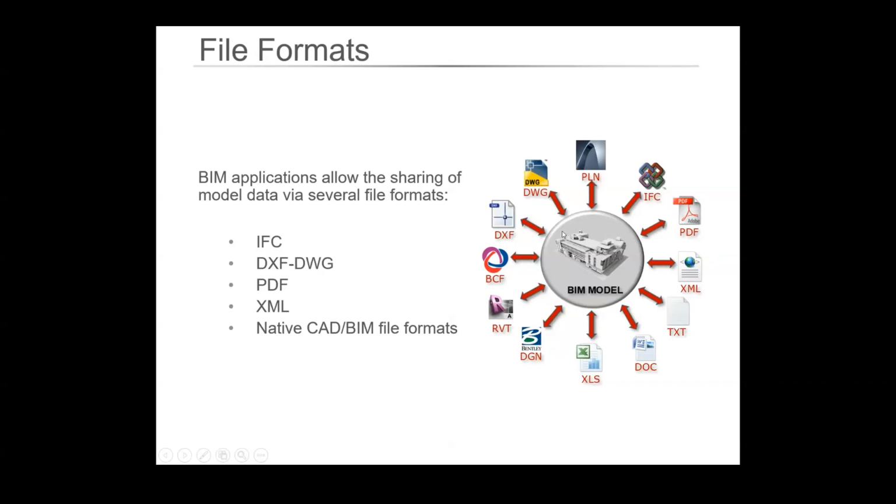So IFC will export out a model, and a BCF is where we can start recording all the clash issues, like BIM Collab, so that it makes it easier for everyone to manage the issues and get everything fixed as we go. And of course all these other formats, which are probably not strictly BIM, but they are used in the BIM process, like PDFs, XMLs, text documents, XLS, and Revit.